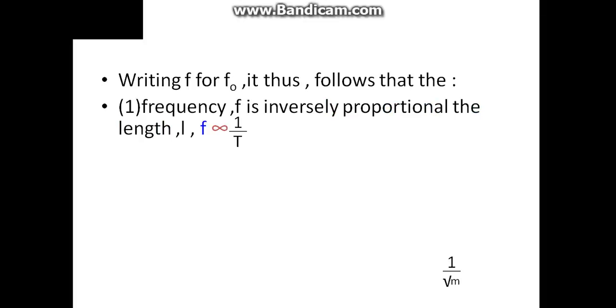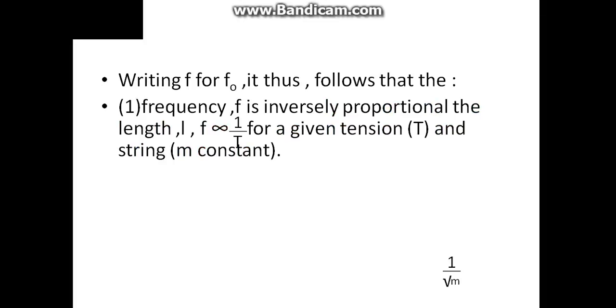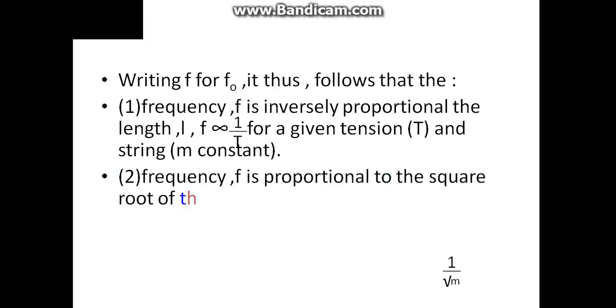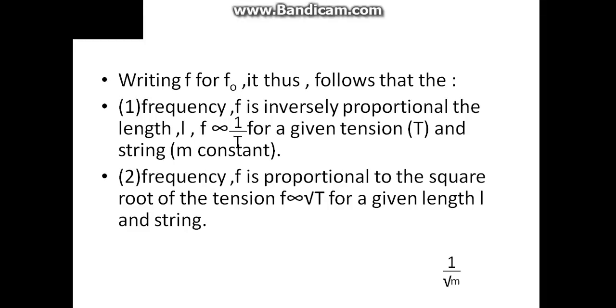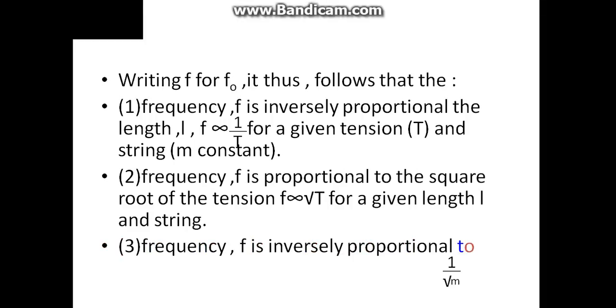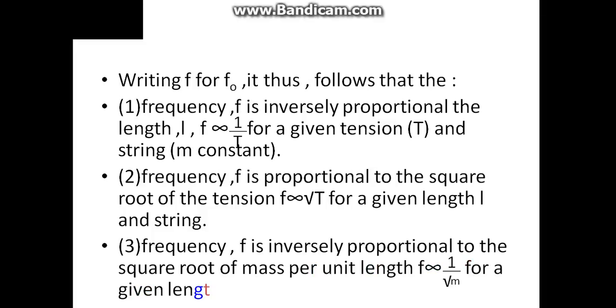Frequency F is inversely proportional to length L, F is proportional to 1 over L, for a given tension T and string M constant. 2. Frequency F is proportional to the square root of the tension, F is proportional to square root of T, for a given length L and string.